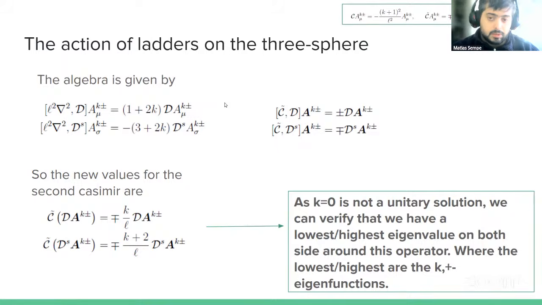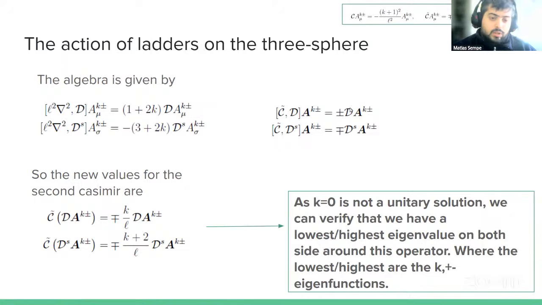We can think about what happens when we use the conformal transformation with the other Casimir. We can think that maybe these ladders that go raising and lowering don't respect the additional Casimir that we worked with. So if we take this basis, when we pick eigenfunctions of the C tilde, we can do exactly the same for both cases.